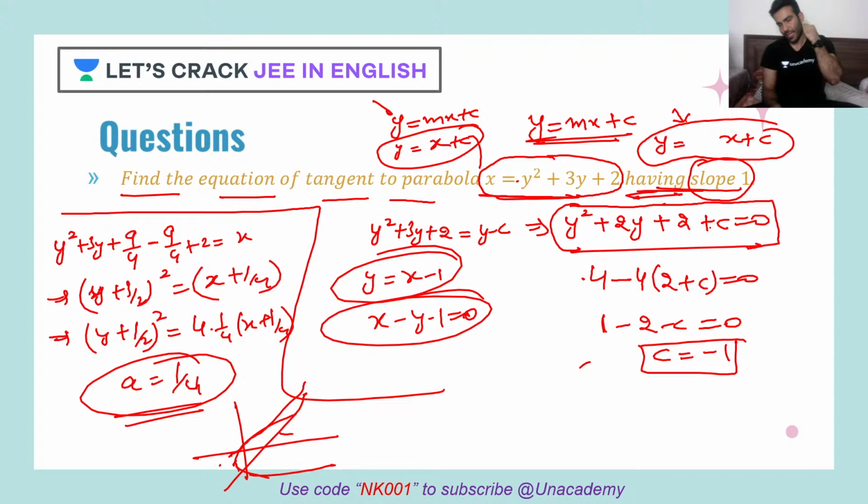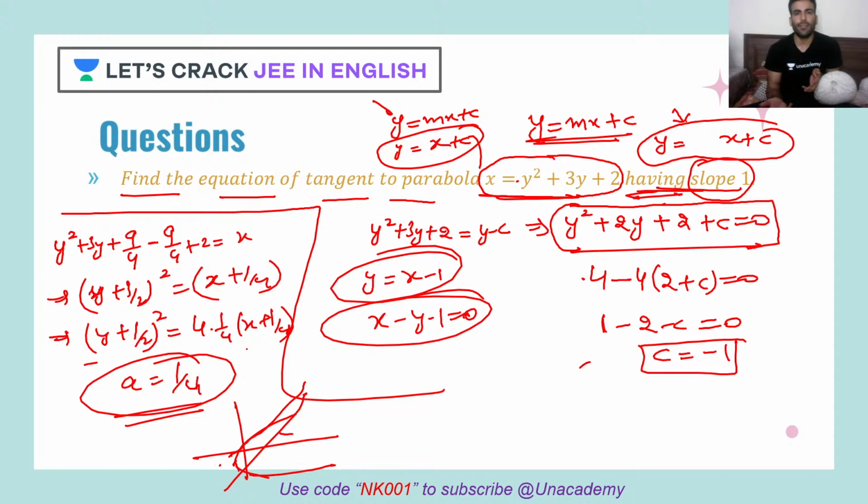Now, if anyone wants to solve by the other method, you are free to solve. As you know, you can convert this into the form y plus 1 by 4, 4 into 1 by 4, x plus 1 by 4, which is approximately the standard form.